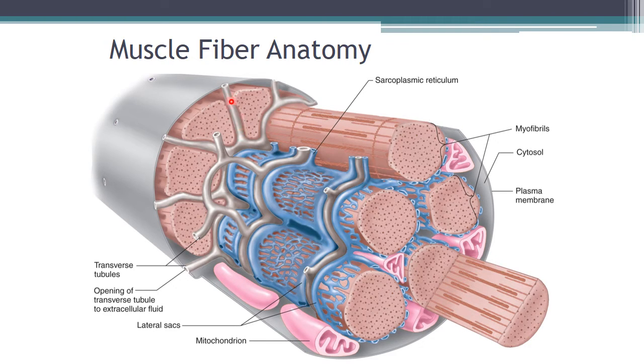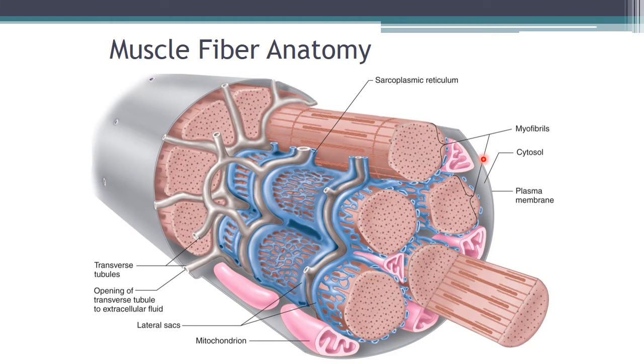Those folds of the plasma membrane are called transverse tubules. It's very important to notice that the transverse tubule is technically the same as, or is connected to, the plasma membrane, or the sarcolemma, on the outside of the muscle cell.